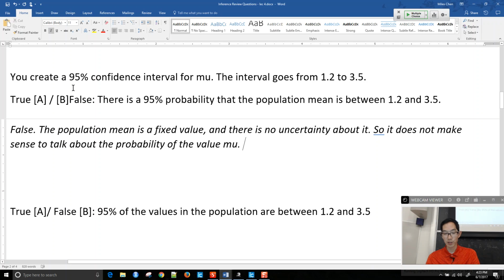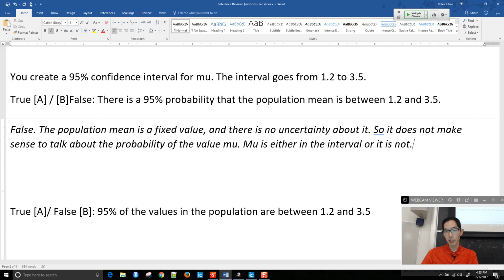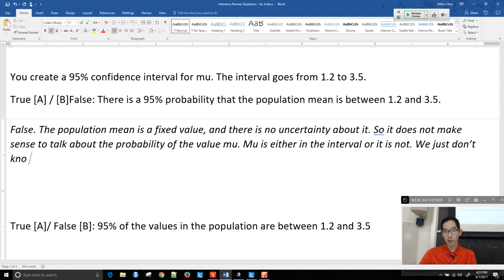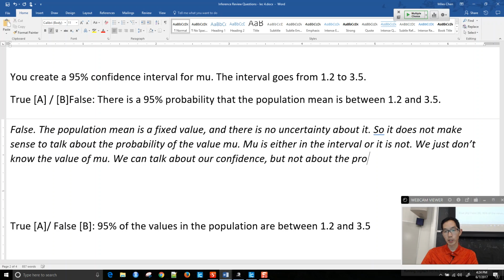Mu is a fixed number. It's like saying there's a 95% probability that 6 is between 1.2 and 3.5. Either that number is or is not in the interval. Mu is either in the interval or it is not. We just don't know the value of mu. So we can talk about our confidence, but not about the probability, because it is a fixed value.